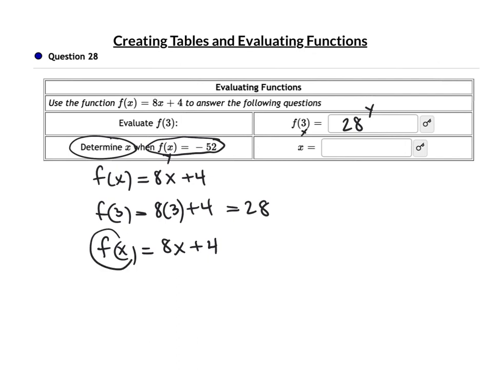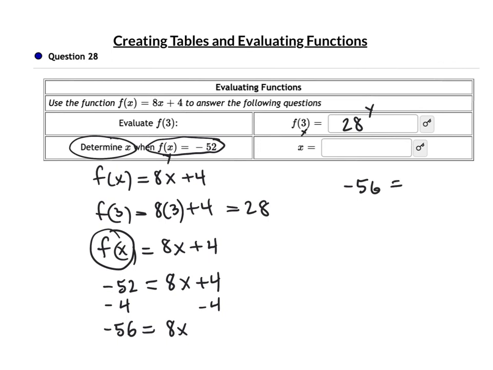So that's the y value. Y is negative 52. So I'm going to put a negative 52 in the y place, equals 8x plus 4. And then we'll get x by itself. Take a 4 off each side. 8x equals negative 56. Negative 56 equals 8x. Get x by itself, divide by 8. The 8's cancel, and x would be negative 7.